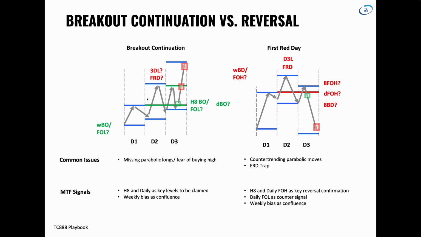As it breaks out here, most people are looking at these signals. Do we have 3 days of longs? Do we get a first red day even? Could be. Even in the breakout continuation trade, you can have a first red day because it can pull back down deeply and then come up again. Then you are again in a breakout situation.